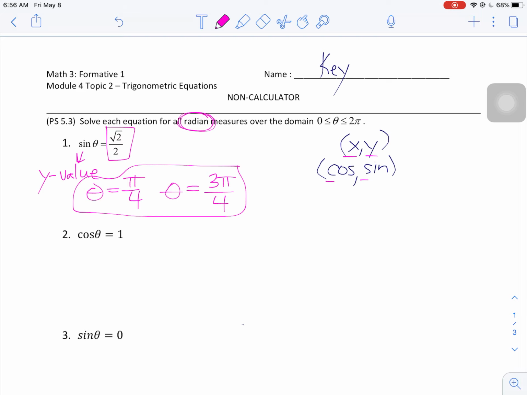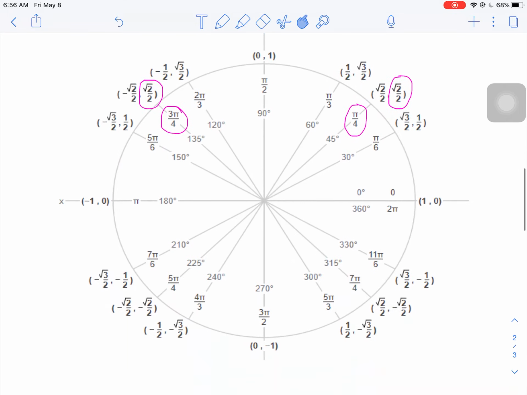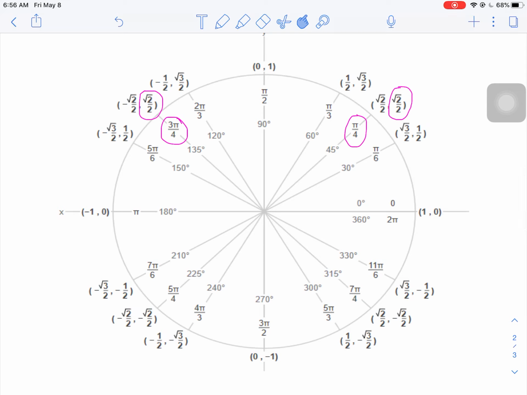Looking at number 2, since we're talking cosine this time, we want to look for x values that are 1. So sliding down to my unit circle, I'm looking for an x value of 1. I'm seeing an x value of 1 right here. Now be careful.